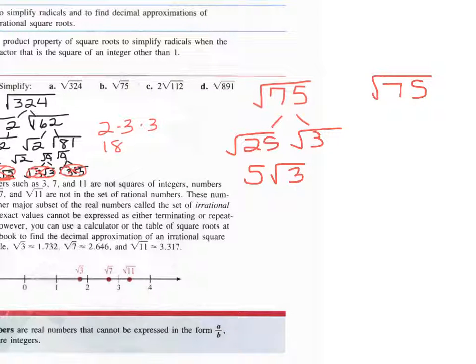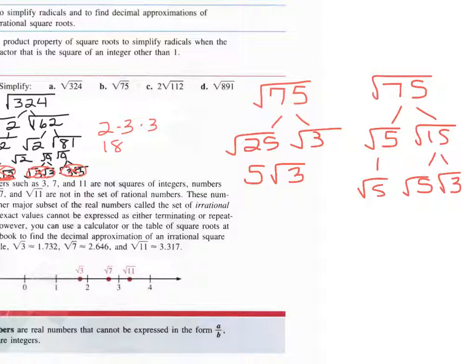Let's say you started with 5 times 15. It still works. So we would bring down the 5, break down the 15, and notice I make a pair of 5s. So one of them comes out, and the 3 that doesn't pair up stays underneath. Either way, I got the same answer.